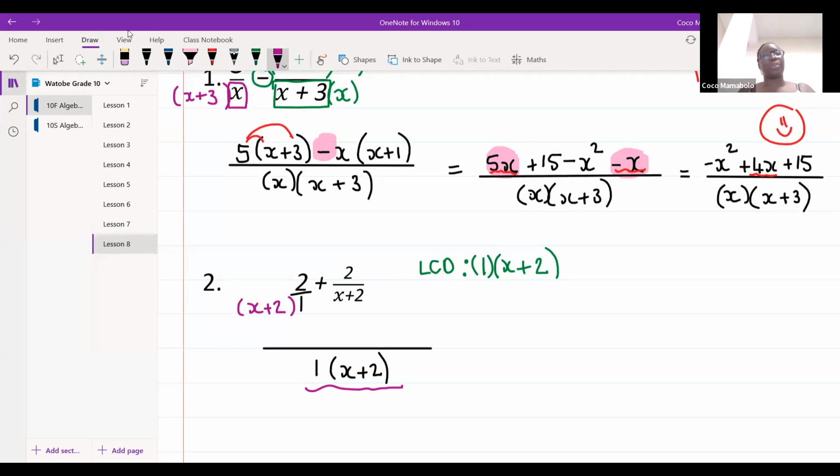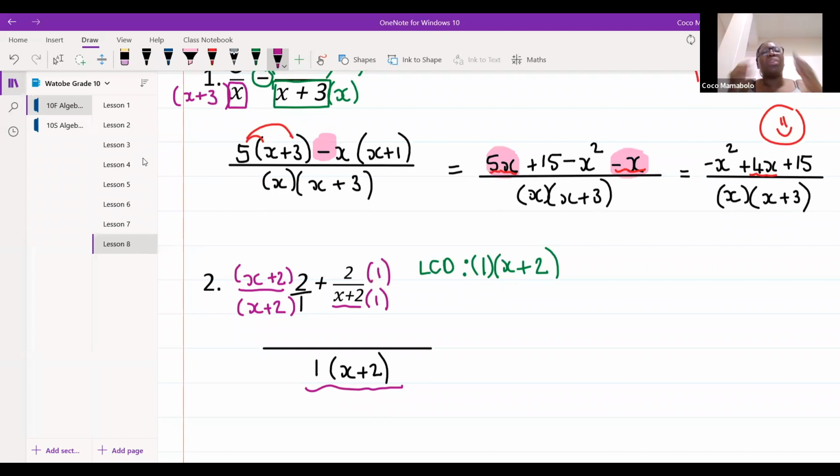And what I do to the bottom, I'm going to do to the top as well. So I'm also going to multiply the top by x plus 2. Actually, I wouldn't be wrong if I said 2 plus x, because 2 plus 3 and 3 plus 2 is the same thing, but it doesn't matter. Over here on this side of the equation, I'm missing 1, which doesn't really change the value.